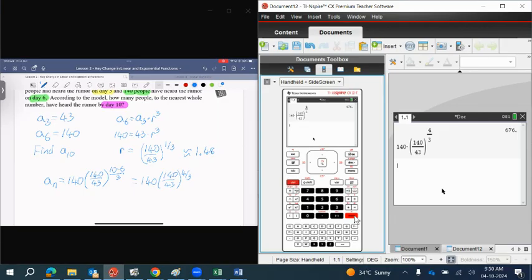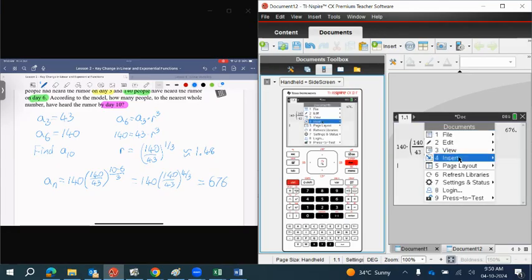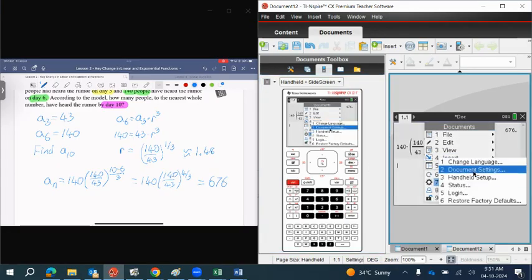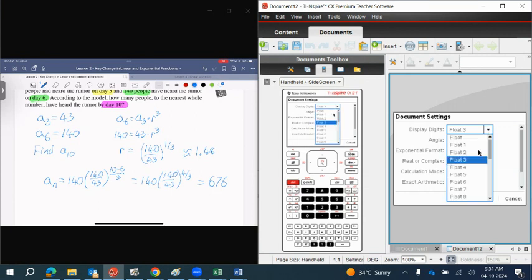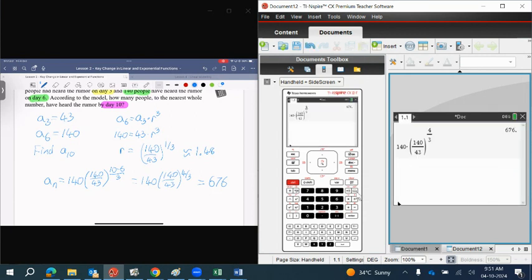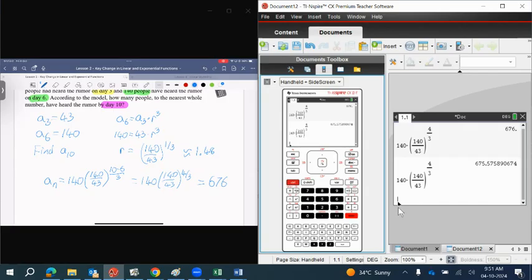I've got mine rounded to the nearest integer because it's a person. So I'm rounding to the nearest integer, which will give me 676. Let me just check the decimal expansion on that one. Change my settings, Document 7.2, and then change to float. We can see it's 675.5758. So 676 people would seem like a suitable answer.